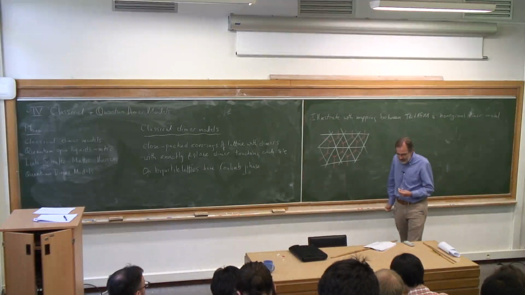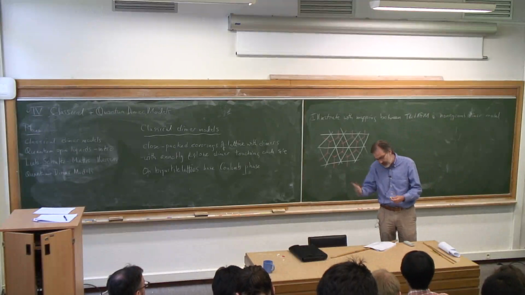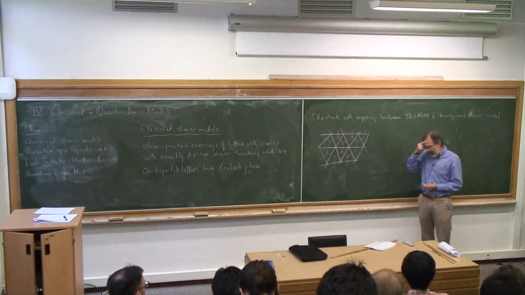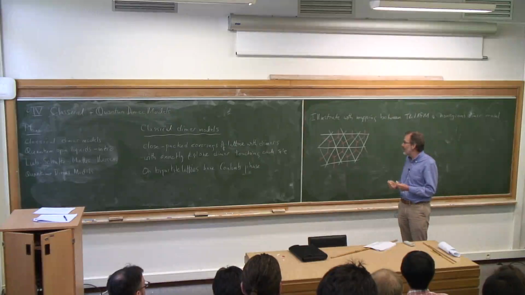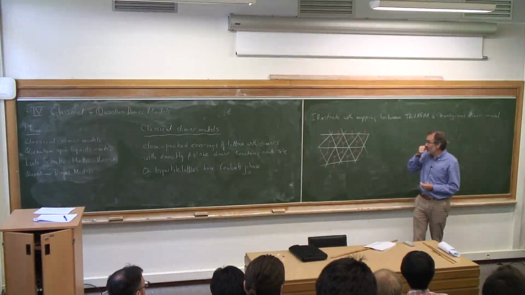And in terms of bonds, that meant 2 of the 3 bonds going around the triangle are in their ground state with anti-parallel spins, and 1 bond is frustrated.